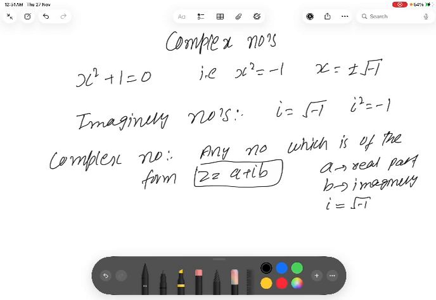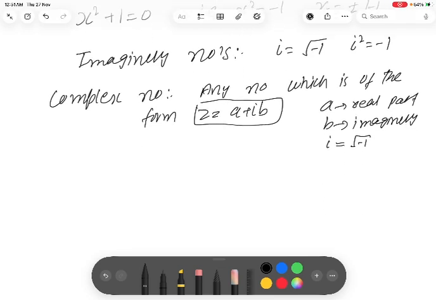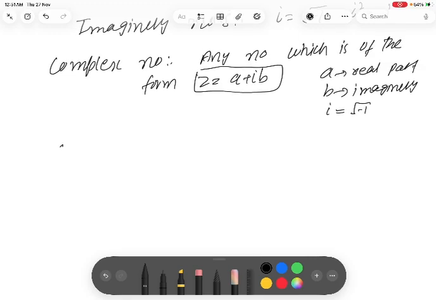So any number which is of this form, a plus iota b, we call a complex number.